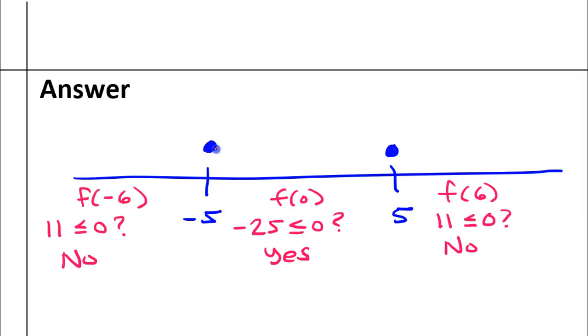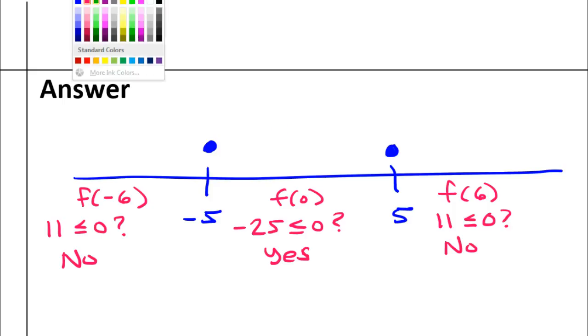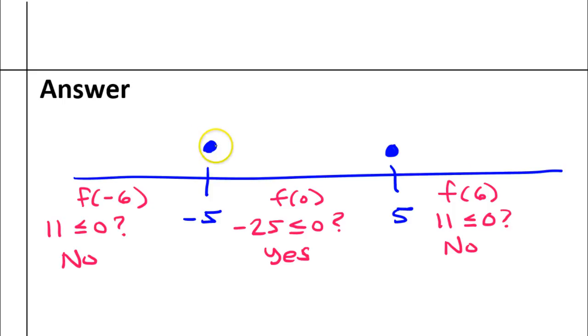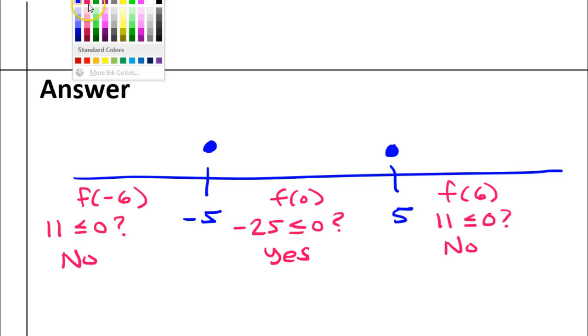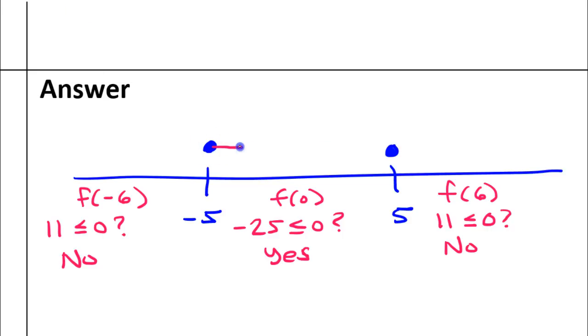So the yes tells us that 0 is a solution. So that means all of these points between -5 and 5 are solutions. So I will indicate them with a segment. And these no's on either side means there are no solutions less than -5 or greater than +5.